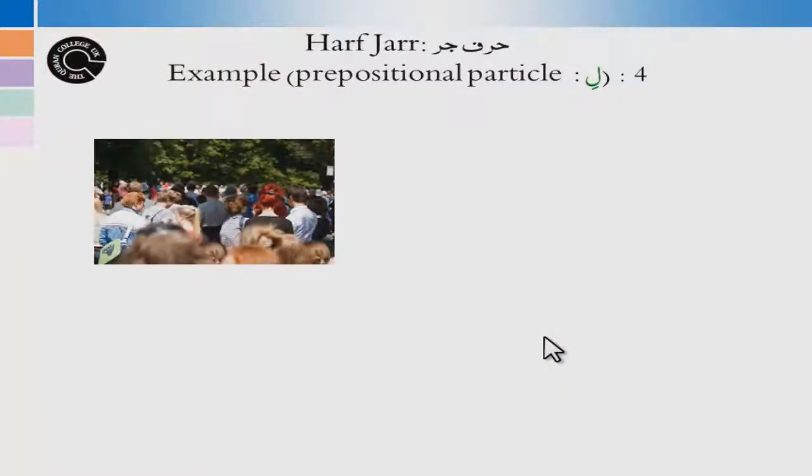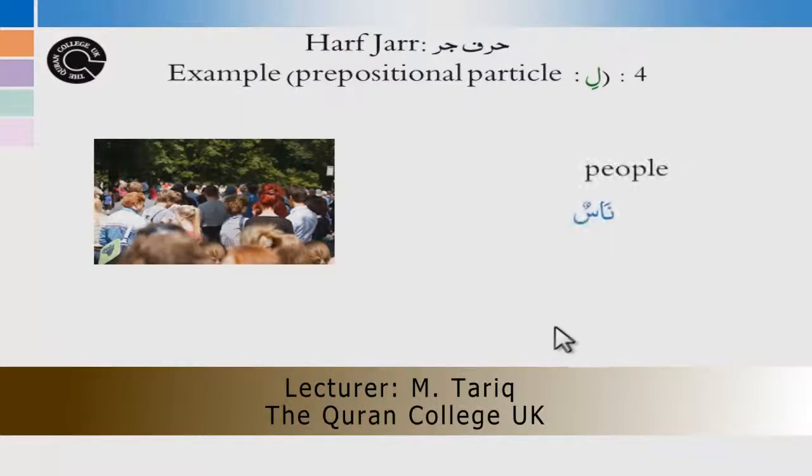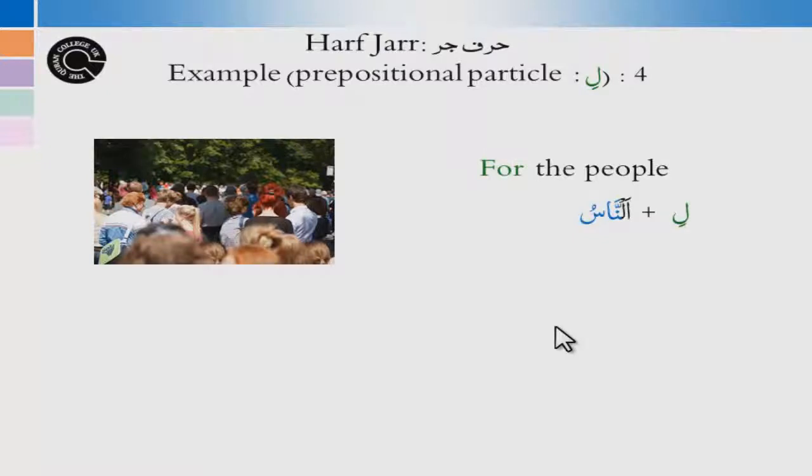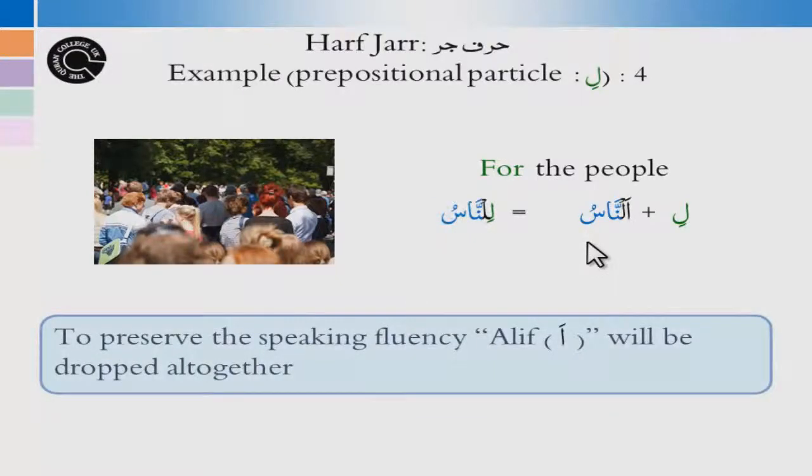Let's take the same nature example again, an-nasu, and if you put the lam over there, it will be li an-nasu. So just take that alif away, so it will be lin-nasu, and then lin-nasi.